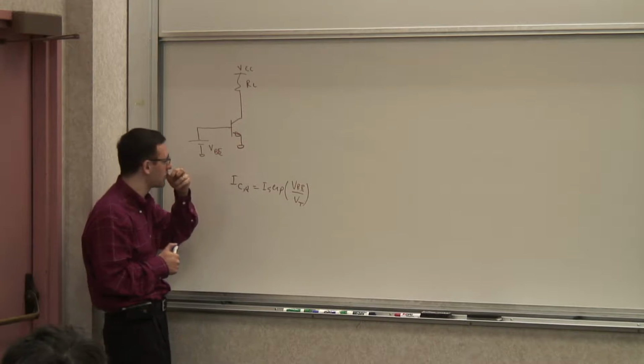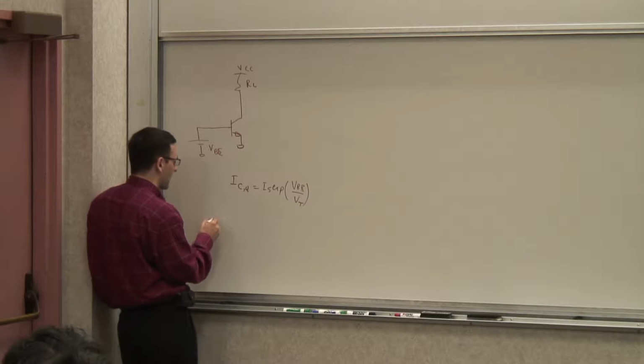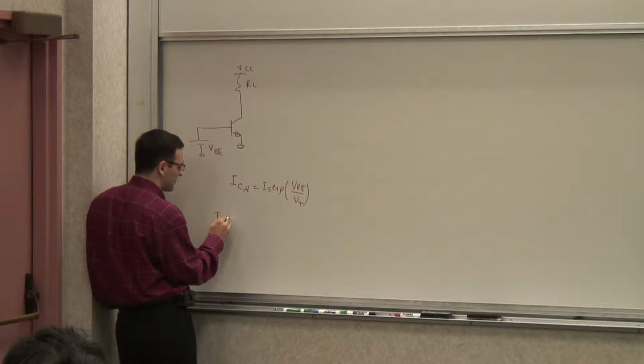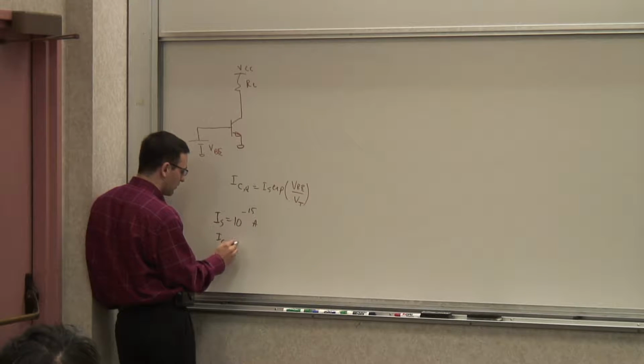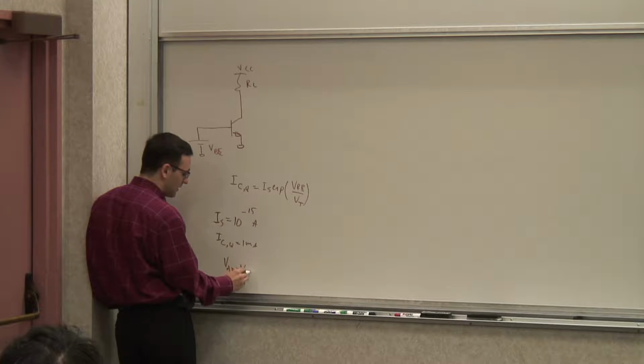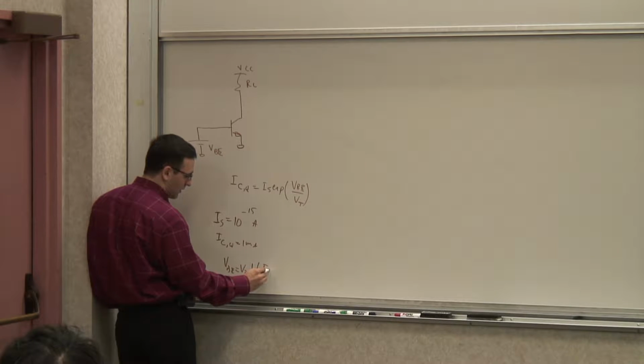Right? Let me give you a numerical example. Let's say my IS at the temperature of interest is 10 to the minus 15 amps. And let's say I'm at room temperature. And let's say I want to bias something at 1 milliamp. So I want my ideal ICQ to be 1 milliamp. That tells me what my VBE should be. VBE is VT natural log of ICQ over IS.